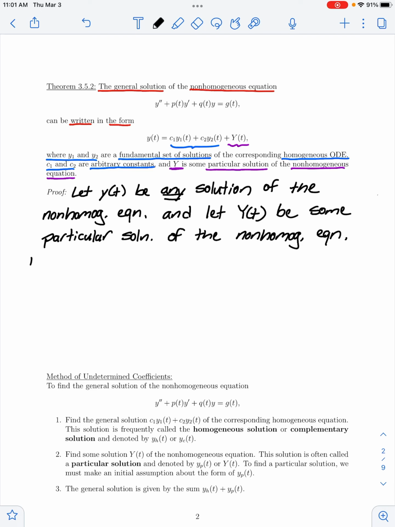Then we know by the theorem that we just looked at, by Theorem 3.5.1, the difference of these two solutions, y of t minus capital Y of t, solves the corresponding homogeneous equation.